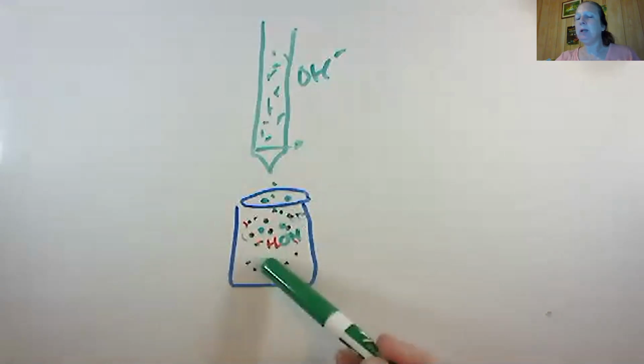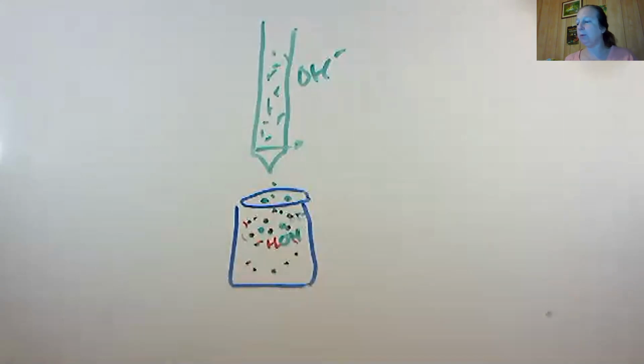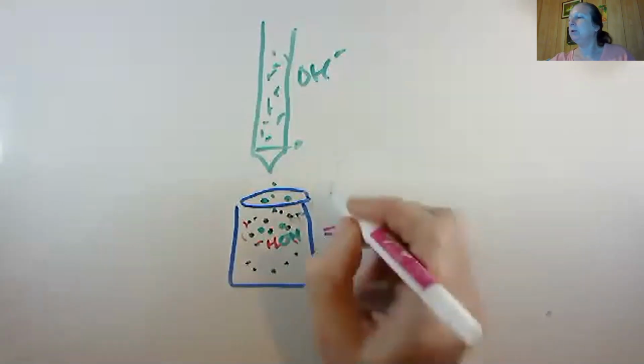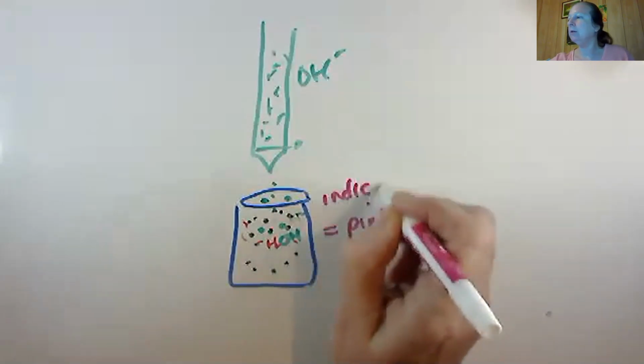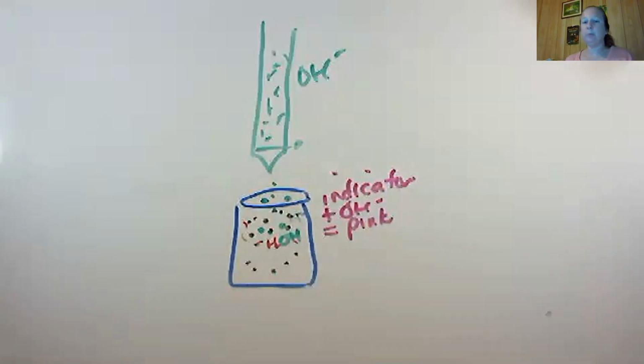You have put an indicator in your acid that will chemically react with the hydroxide. And in this case, for the experiment we're going to do, it will turn pink. So the indicator plus the OH ion turns pink.